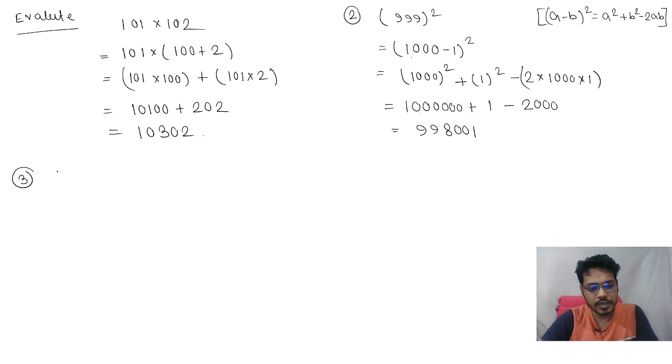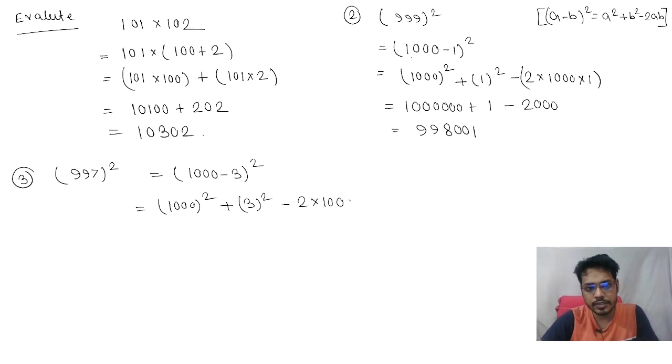Similarly, the third one, if it is given 997 its whole square, we can write it as 1000 minus 3 its whole square. Now it is a minus b whole square, so a square plus b square minus 2 multiply 1000 multiply 3.